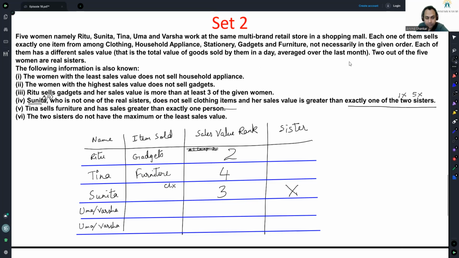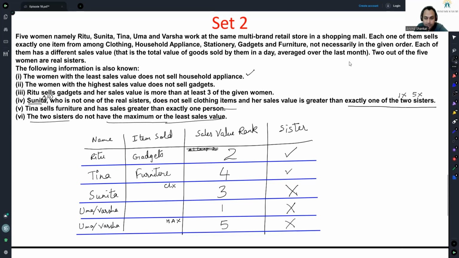But I don't really have information in terms of Uma and Varsha. I do have information in terms of the person who has the least sales value and maximum sales value. The woman with the least sales value does not sell household appliance. So this is not household appliance. This much we have. And I also have that the 2 sisters do not have maximum or least sales value. So this is not a sister. This is not a sister.